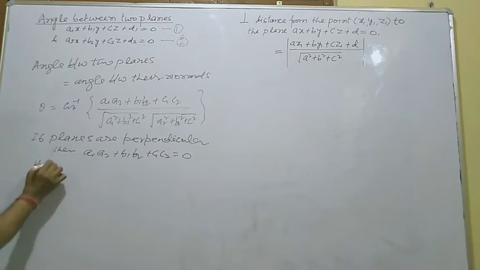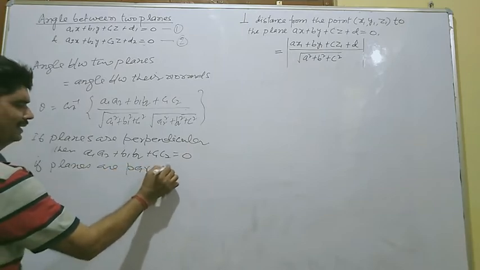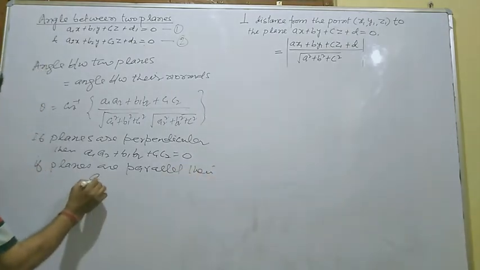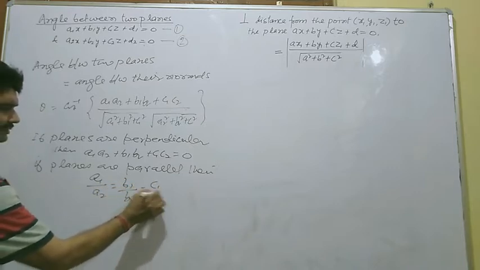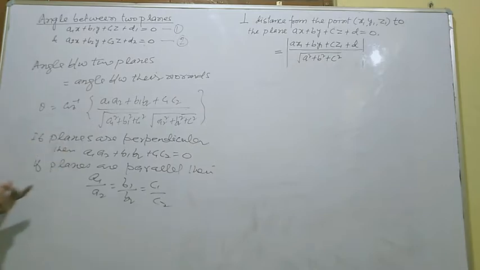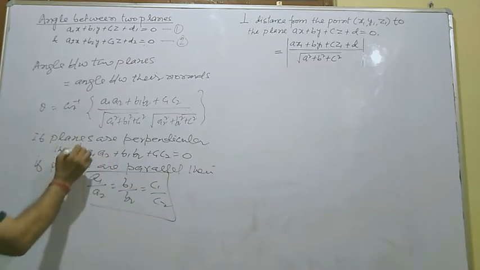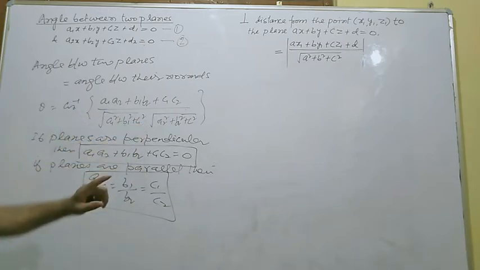Similarly, if planes are parallel, then their normals are also parallel, and then we have a1 upon a2 equal to b1 upon b2 equal to c1 upon c2. प्लेन अगर पैरेलल है तो नॉर्मल भी पैरेलल होंगे, और पैरेललिज्म की कंडीशन जो है वो ये है। For two planes whose equations are given, we have the formula for the angle between them, the condition of perpendicularity and the condition of parallelism.